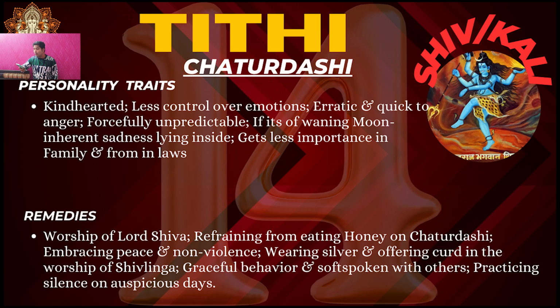After that, when we talk about Chaturdashi, the 14th day, it is ruled by Lord Shiva or the Kalki. The personality traits are kind-hearted, less control over emotions, erratic and quick to anger, forcefully unpredictable.